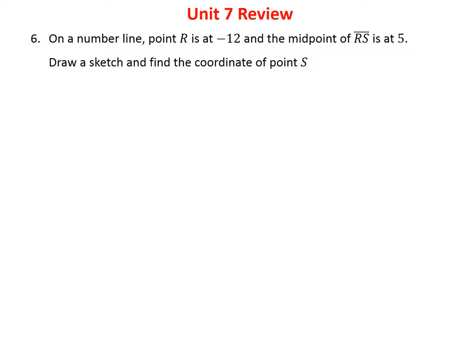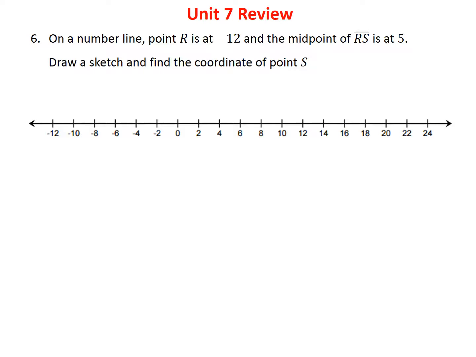Problem 6 says that on a number line, point R is at -12, and the midpoint of the segment RS is at 5. They want you to draw a sketch and find the coordinate of the other endpoint, point S. So here is my number line. Point R is at -12, and the midpoint's at 5, right there. All I have to do in this problem is sort of count.